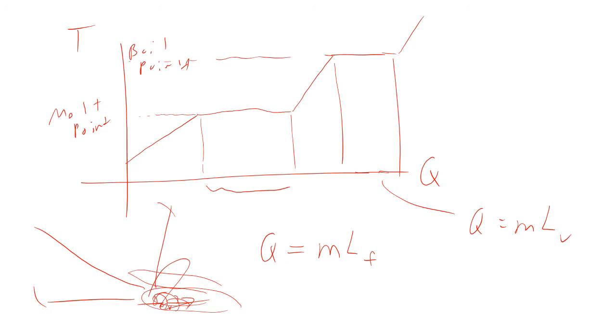There's even times in which you go straight from solid to gas. That would be sublimation, in which case you just combine the two latent heats in order to go straight from solid to gas. We can go way more in depth than we have here, but this is just an example to show how all this works.